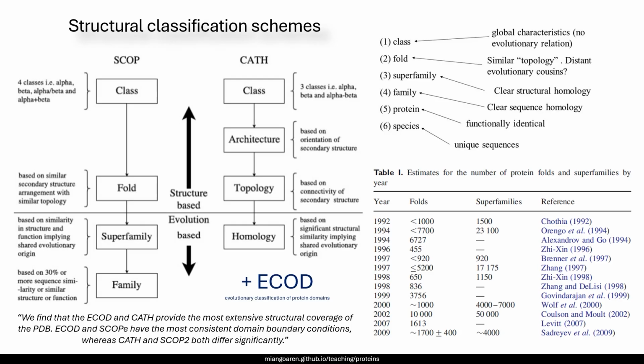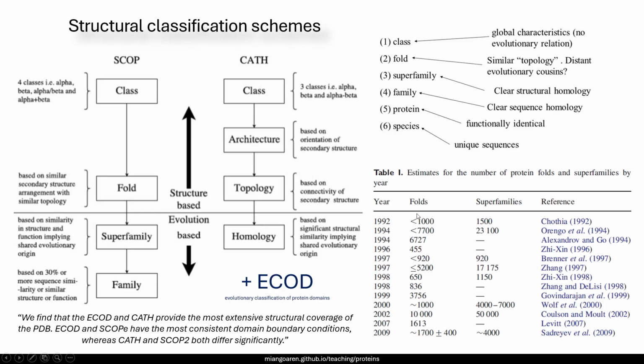Based on the calculations that we can do, and with the information that we have in different periods of years, as you can see, some carried out from 1992 to 2009, we find that there are those who suggest that there may be less than 1,000 folds practically in our reality, and there are some who suggest that there may even be 10,000 folds. In another comparison, there are those who suggest that there could only be about 1,500 superfamilies of proteins, and there are others who indicate that there could even be up to 50,000 superfamilies of proteins.